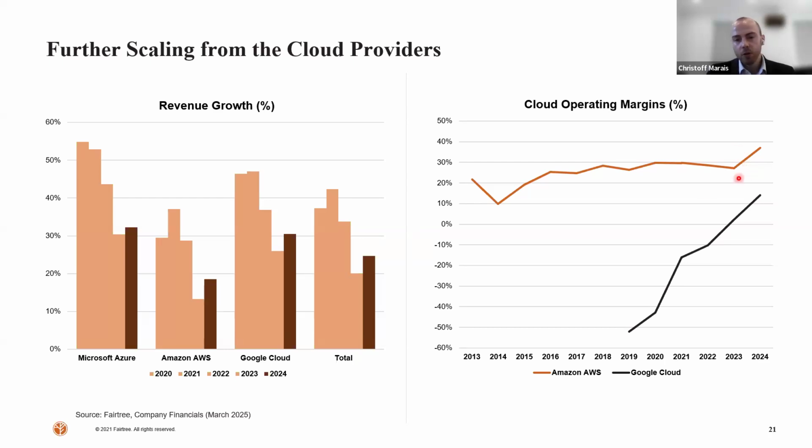But as you can see, Google Cloud basically came in 2019 from minus 50% margins to just over 10% in the recent financial year. And the reason why they've been able to scale so nicely is just because of the extremely strong revenue growth. I'm going to use Google Cloud specifically as an example. As you can see from 2019, this business basically grew ahead of 40%, and it's currently growing at 30% rates.